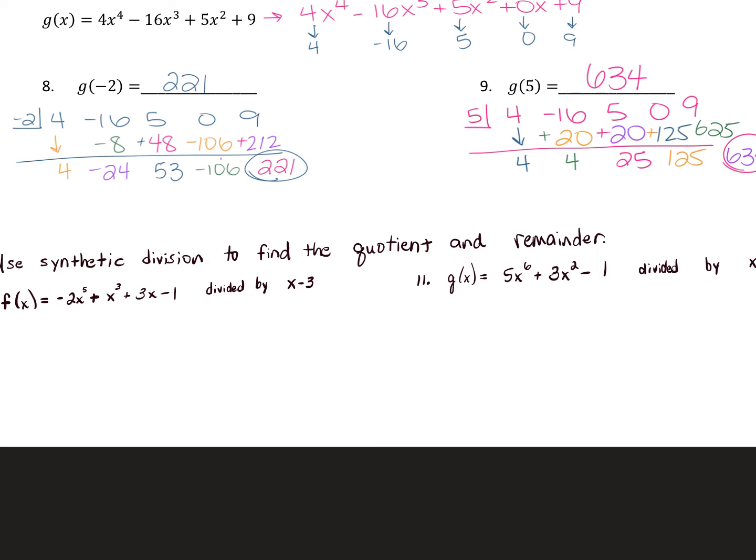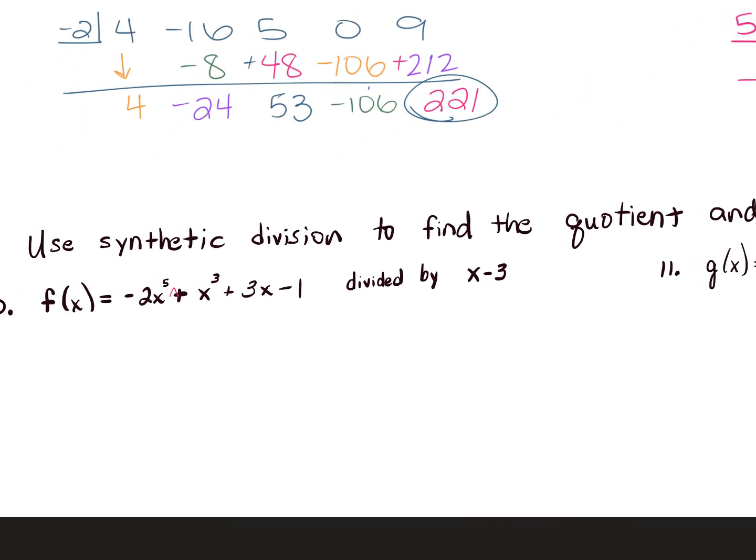You are missing your x to the fourth power, so I'm going to plug in a 0 for x to the fourth power, as well as a 0x squared. So this is going to give us the 3, because x is equal to 3, on the outside. Then on the inside, you're going to have negative 2, 0, 1, 0, 5, and negative 1.